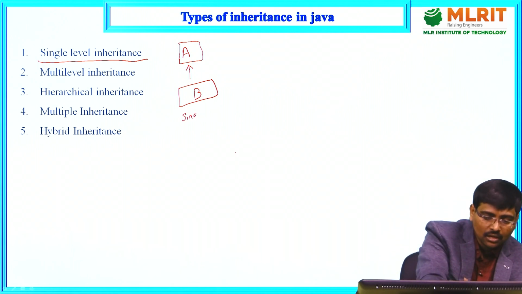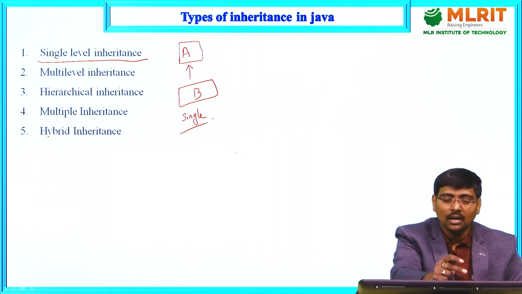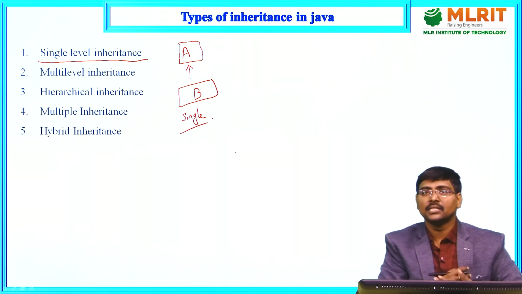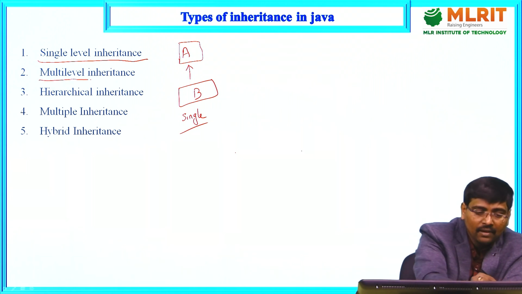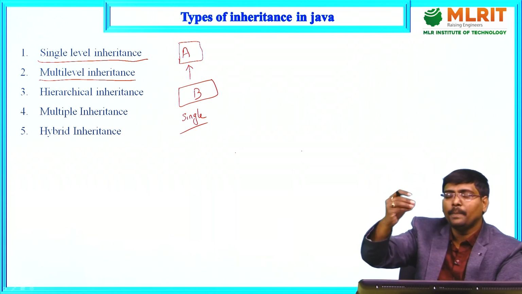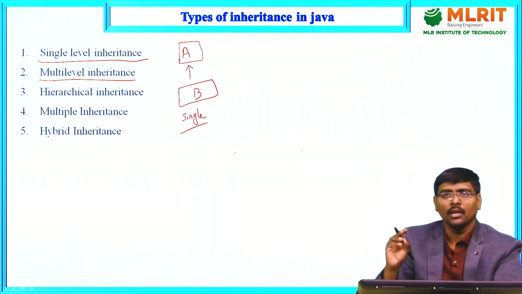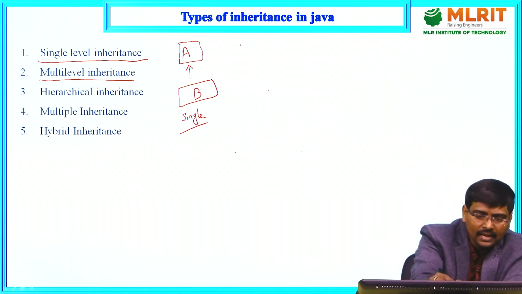This is called single level. In this, A is called the parent class, B is called the child class. Now, multi-level inheritance. Multi-level: grandparent, parent, child, not only three. You can move to any level.